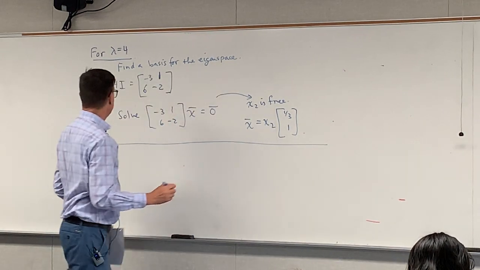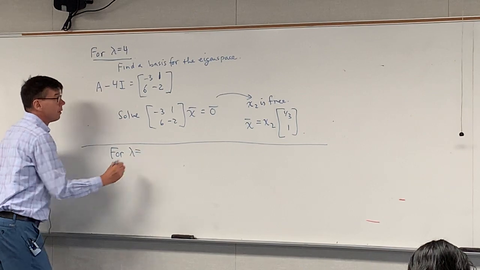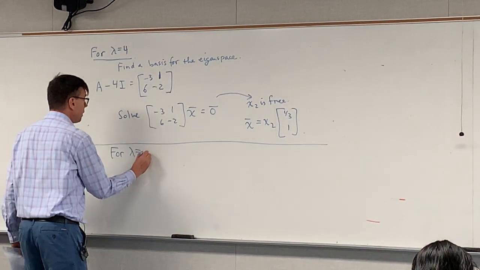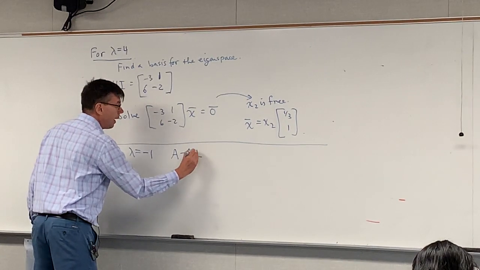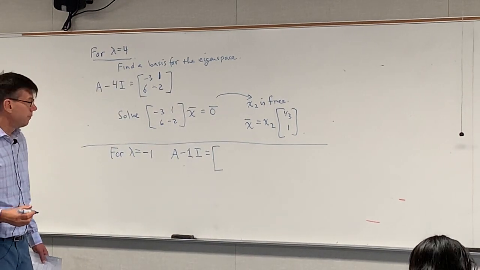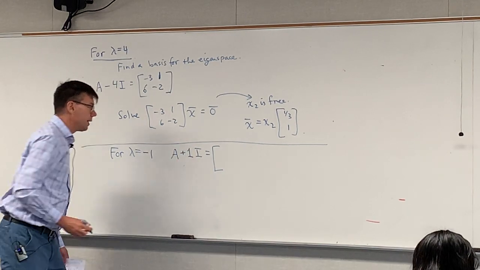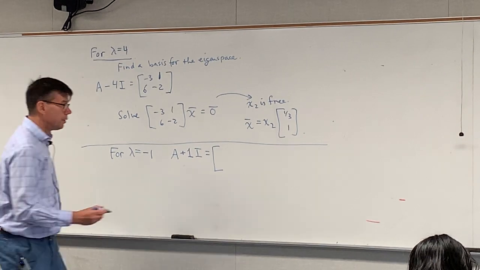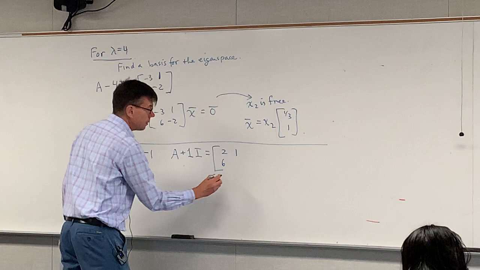We got to do the same for the other eigenvalue. That was -1, all right? So we got to take A minus -1 I. So plug in the lambda value, it's actually going to be A plus 1 I, right? And so we get 2, 1, 6, 3.